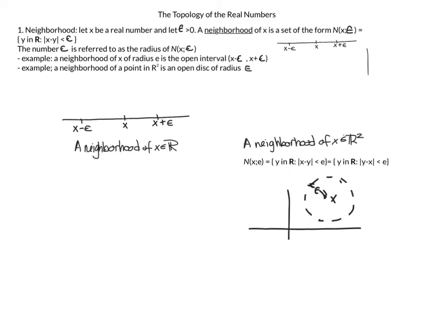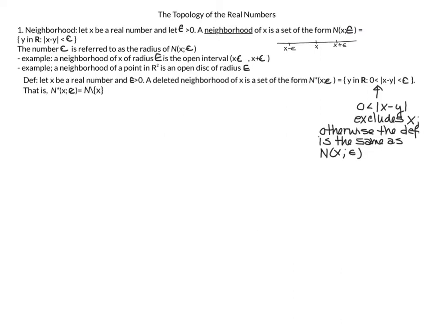In two dimensions, which we will not be dealing with, but maybe you'll deal with this in things like complex analysis, if you have a point x, the neighborhood of x is all the points surrounding x such that the distance between x and the other points in the neighborhood is less than epsilon. So it's kind of this disk, everything inside this open disk.